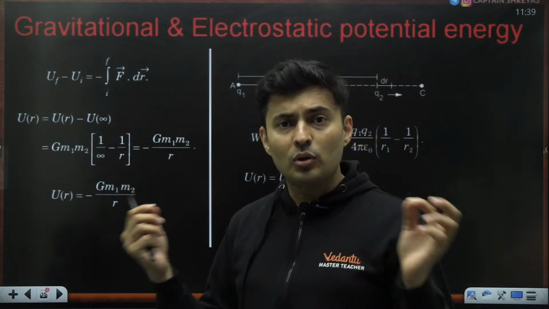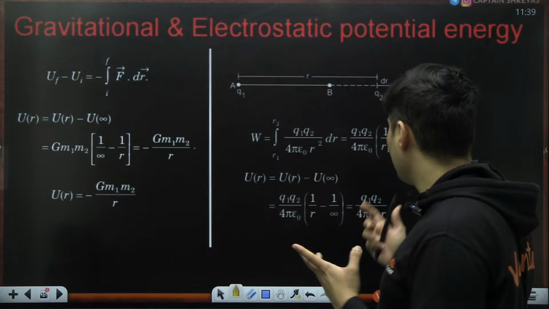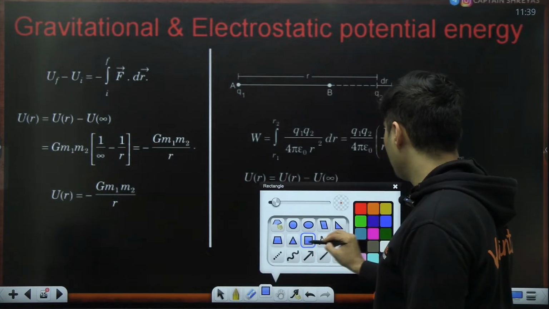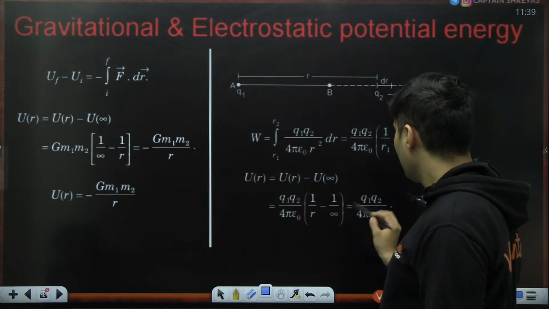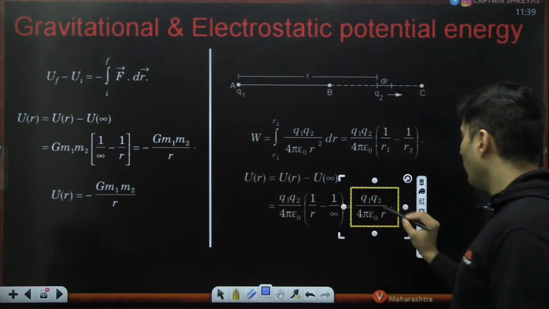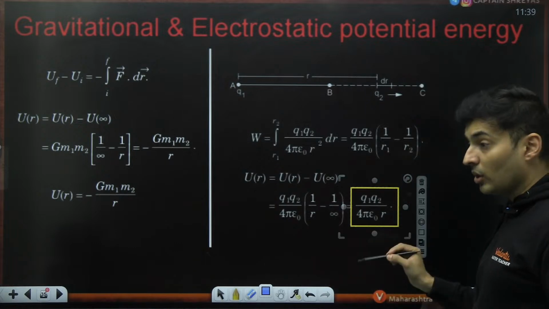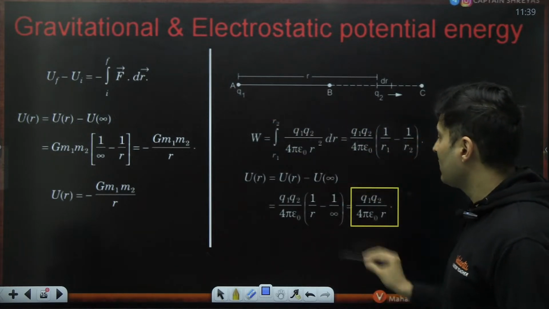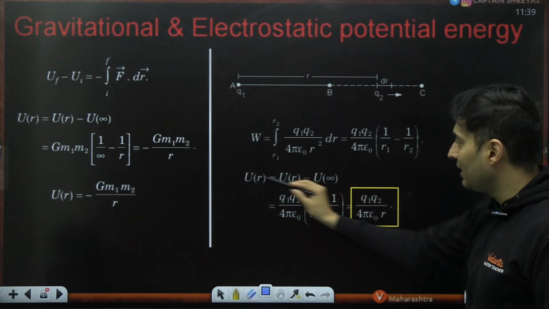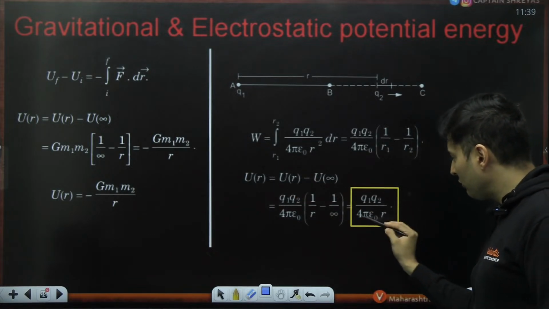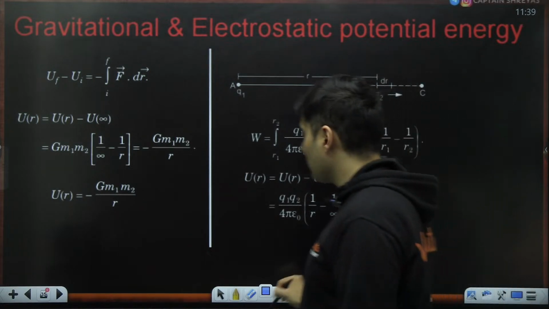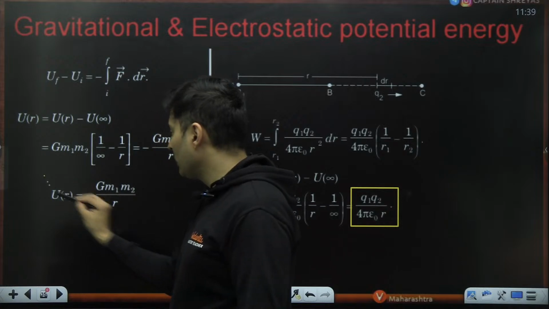So whenever you have two charges, the electric potential energy is given by KQQ by R, not R square, just R. 1 by 4 pi epsilon naught is K, the Coulomb constant. But in case of gravity, instead of K, you will have G.